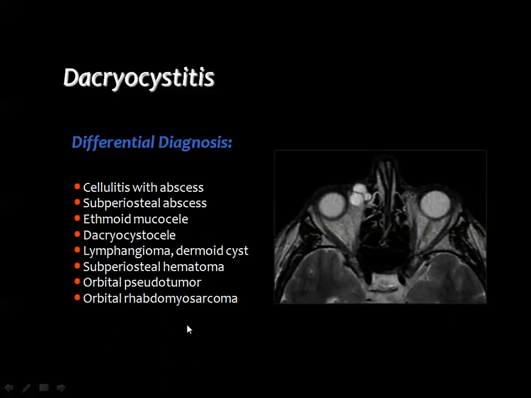Then this dacryocystitis, being a cystic lesion along the inner wall of the orbit, may be differentiated from periorbital cellulitis, subperiosteal abscess, ethmoidal mucocele, dacryocystocele, which is a cystic swelling that is not yet infected, lymphangioma, dermoid cyst, subperiosteal hematoma, orbital pseudotumor, and rhabdomyosarcoma.